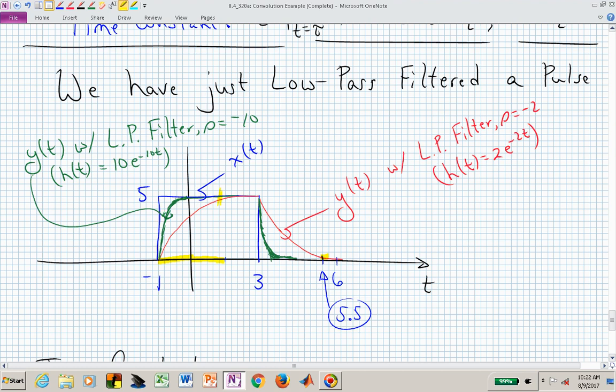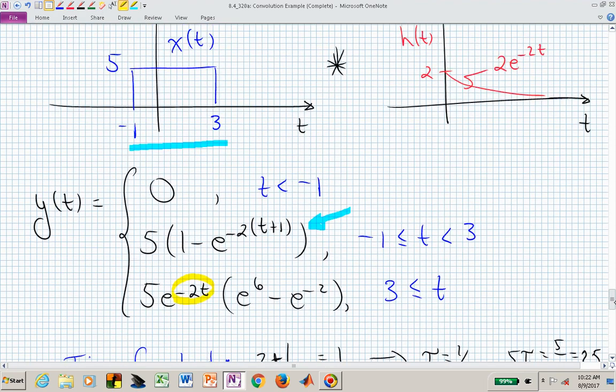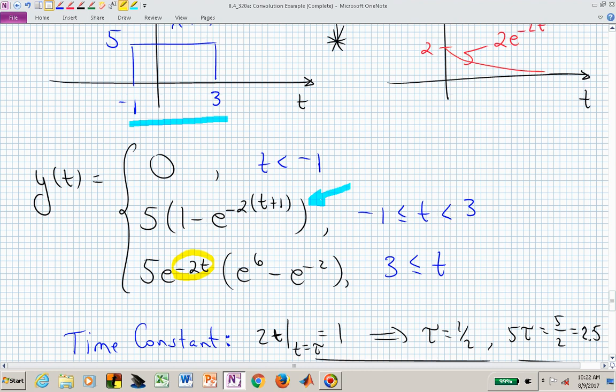The red doesn't look as close to the blue as the green. And the green had more of an ideal impulse for its impulse response than the red. That's now how we could combine or compute the convolution integral. And actually, we've finished that example with a little bit more intuition and insight into how to interpret the output response.